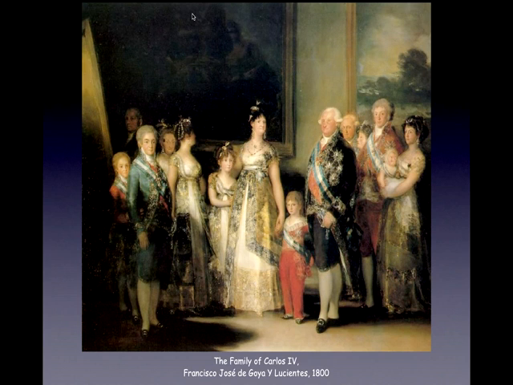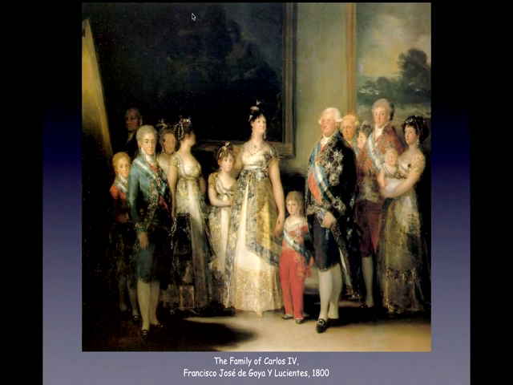In the painting of the Spanish royal family, we see how perceptive Goya is, how he cannot fake respect, in a way, for these people. It's an extraordinary work because it shows the weaknesses of individual members of the family.